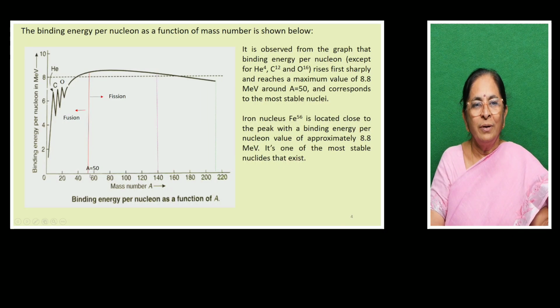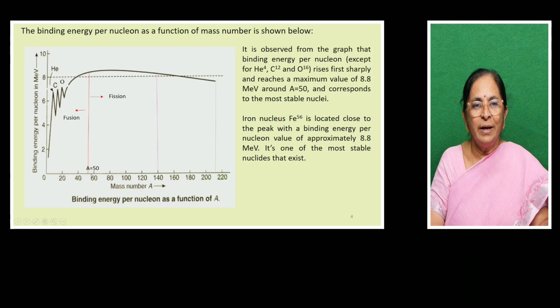In our daily life, we use iron in many ways, for example, constructing buildings and all. Why do we choose iron? So many elements are there in the periodic table. Iron is represented by the letters Fe, and it has mass number 56, which is close to around 50, which has maximum binding energy per nucleon.